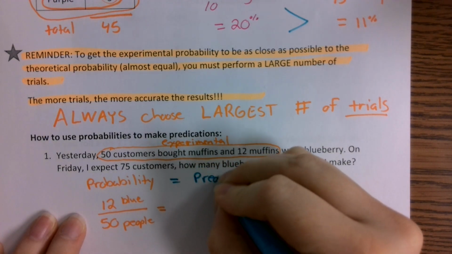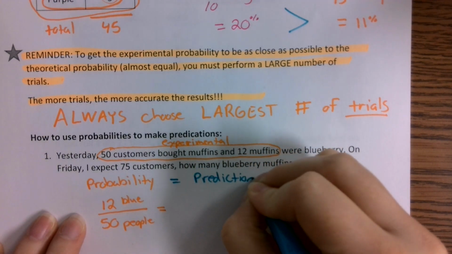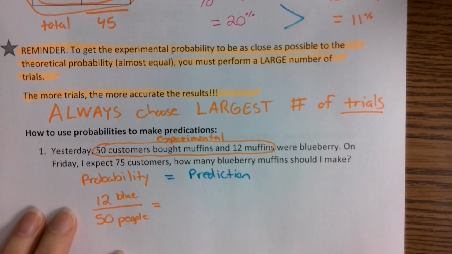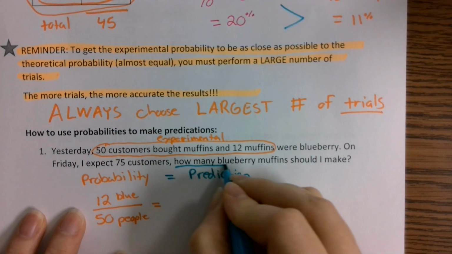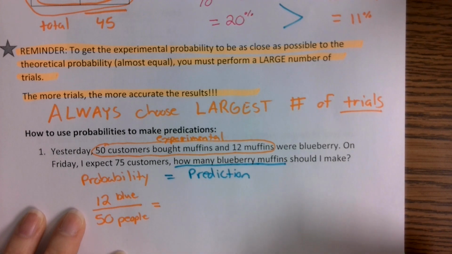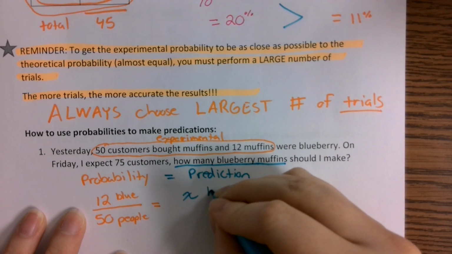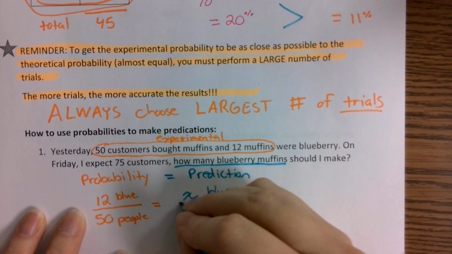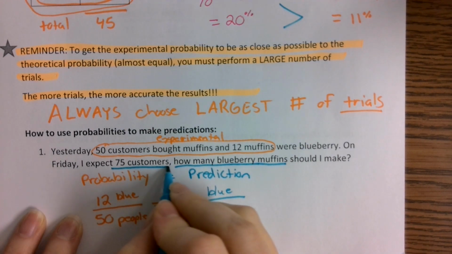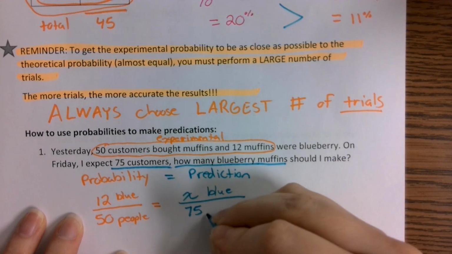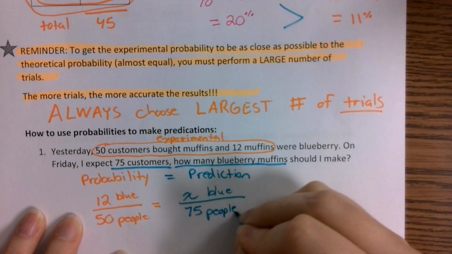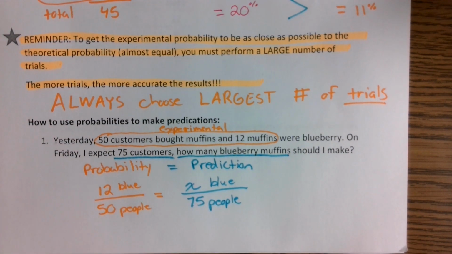You take your probability, you set it equal to a prediction. So I want to know how many blueberry muffins. That would be X. X amount of blueberry muffins out of 75 people. It's just like what we did in the last unit. You're setting up a proportion to solve.